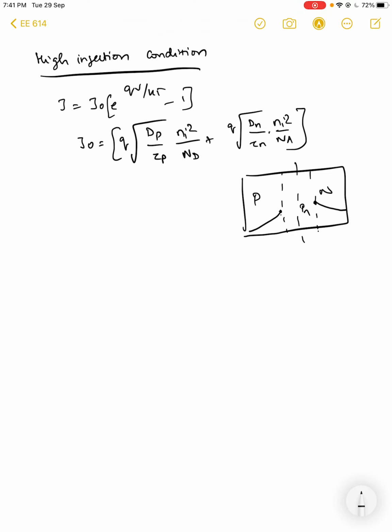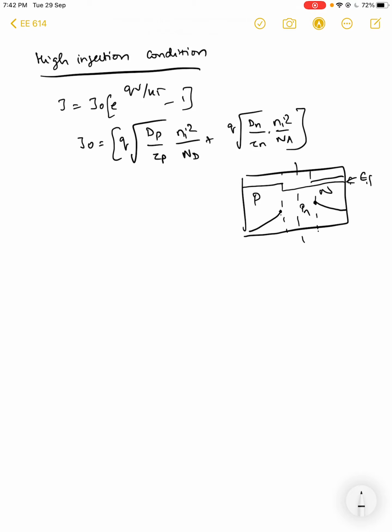But the actual density of holes on the p side and the density of the electrons on the n side do not largely change. This is reflected also in the Fermi level, right? So you have the electronic Fermi level being almost constant till the depletion width.